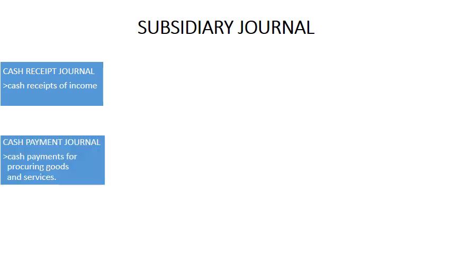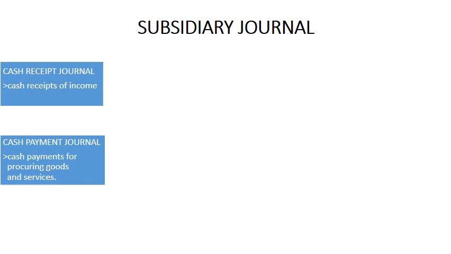The following are the various subsidiary journals that must be prepared to record daily transactions as income is received and as expenditures are incurred by the business. A cash receipt journal will be prepared to record all cash receipts of income.